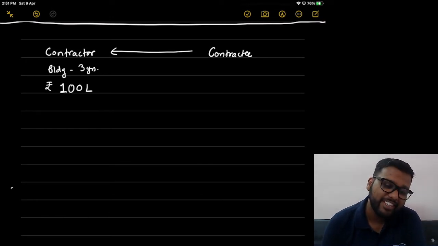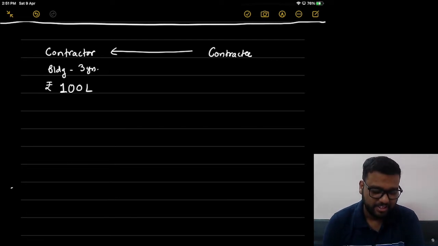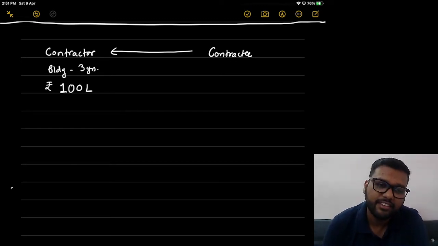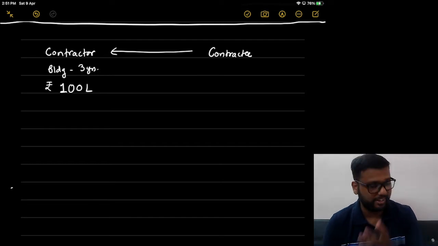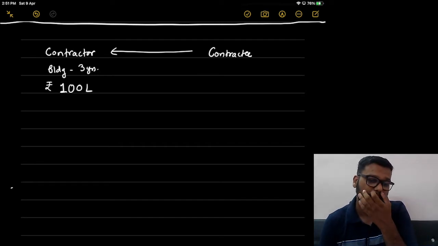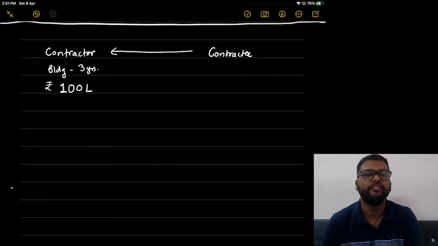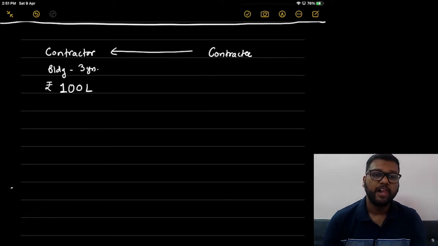When will he give then? After completion. But will we accept that everything will be given after completion, 3 years? No, right? That means ideally he should give it to us in parts.